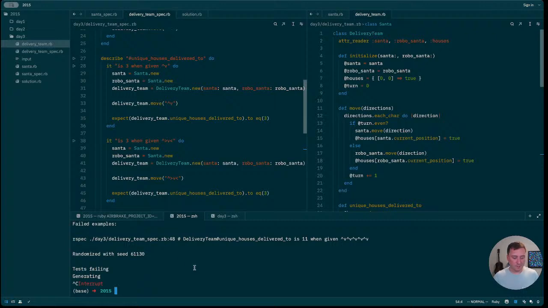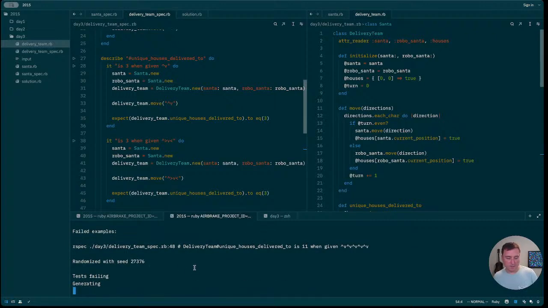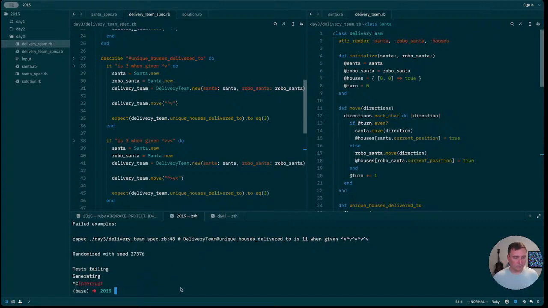Cool. That should work, I think. And gem install ./testing agent 0.0.1.gem. Cool. And let's try it again.